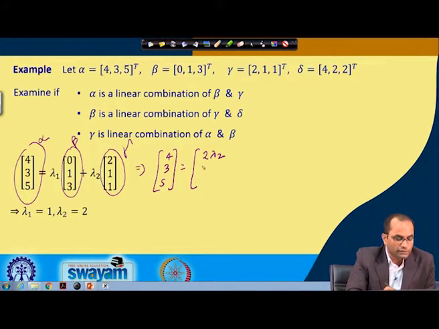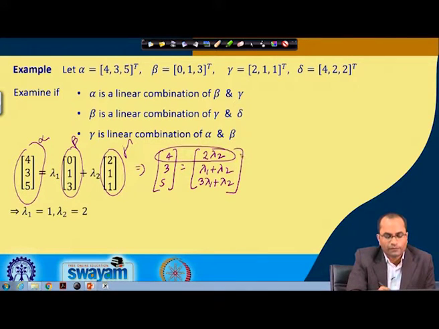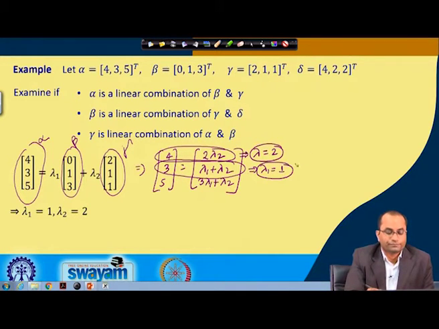The second equation will be lambda 1 plus lambda 2, and then we have 3 lambda 1 plus lambda 2. So, these are the equations. The first equation says that 2 lambda 2 is equal to 4, so we get lambda 2 is equal to 2. From the second equation, because they should add to 3 and lambda 2 is already 2, we get that lambda 1 must be 1, and 3 lambda 1 plus lambda 2 is equal to 5.